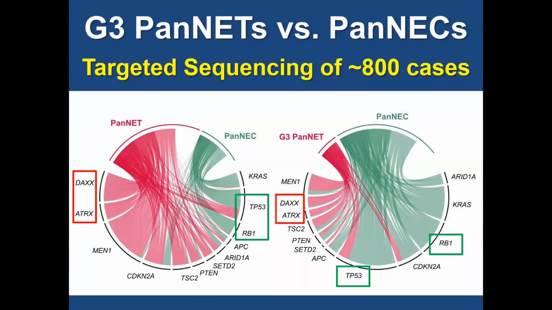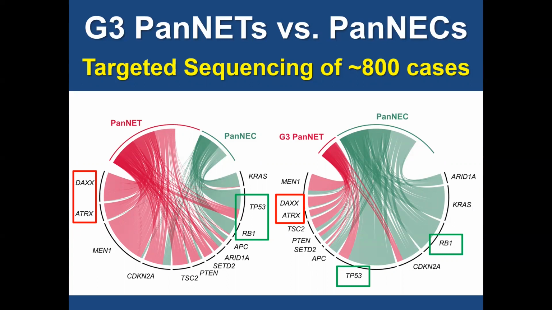Moreover, in a recent study our group has just completed and is about to publish, we performed targeted sequencing on over 800 pancreatic neuroendocrine neoplasms that includes over 100 pancreatic neuroendocrine carcinomas. Consistent with prior studies, genomic alterations in DAXX and ATRX were highly specific for pancreatic neuroendocrine tumors, especially WHO grade 3 PNETs, while pancreatic neuroendocrine carcinomas were characterized by recurrent alterations in not only P53 and RB, but also KRAS and P16 or CDKN2A.